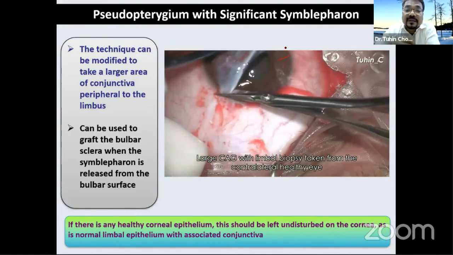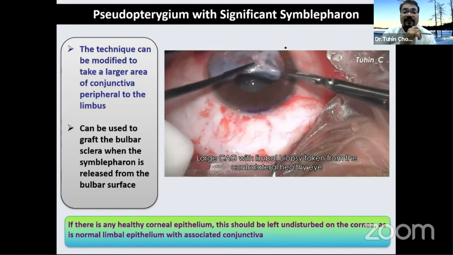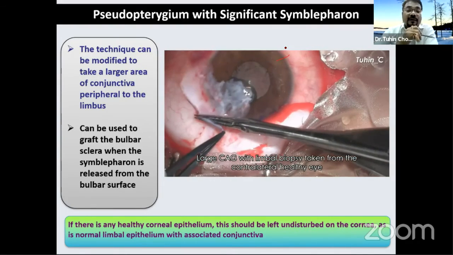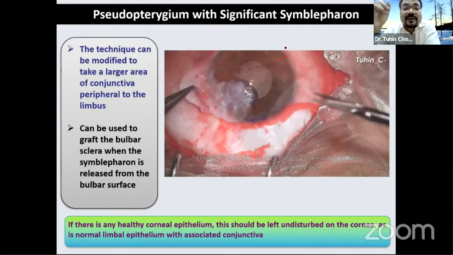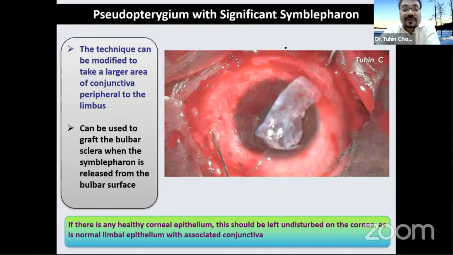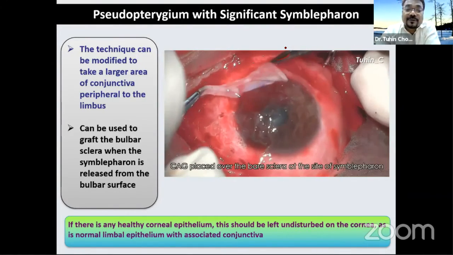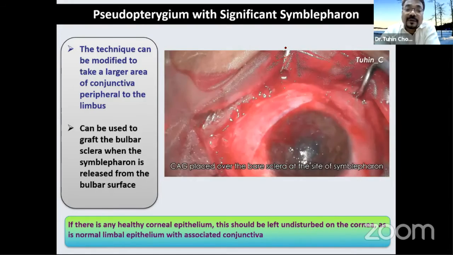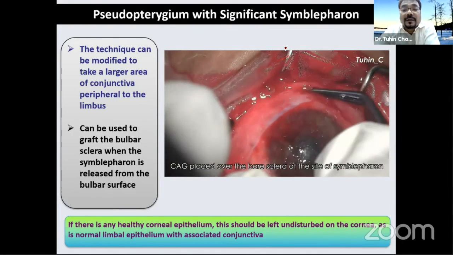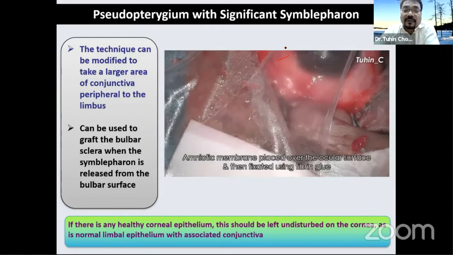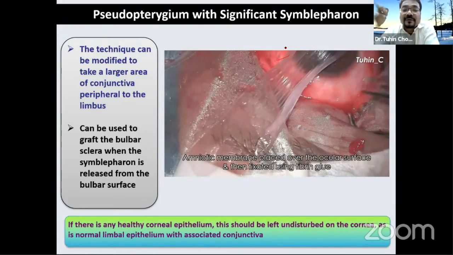So it should be very thin, that limbal tissue. Now it is separated from the graft, and now this conjunctival autograft is put over the bulbar conjunctiva. And then I am putting again amniotic membrane.